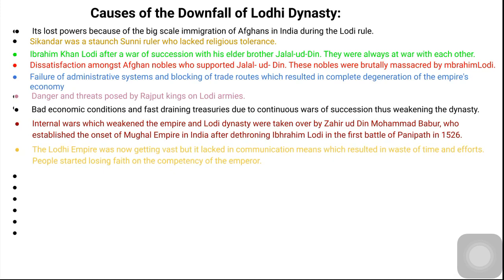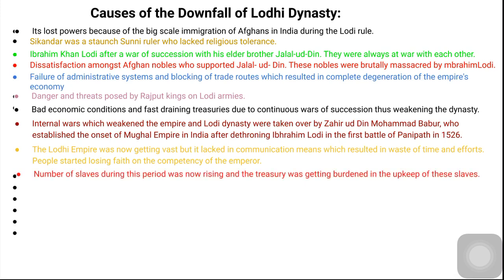The Lodhi Empire was now getting vast, but it lacked means of communication, which resulted in waste of time and efforts. People started losing faith in the competency of the emperor.